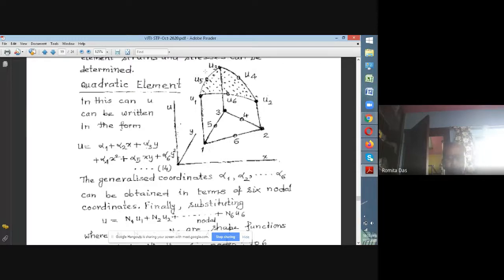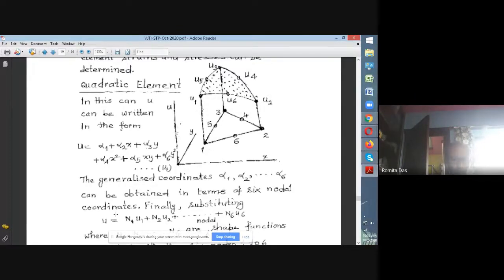It can be a polynomial in x and y. Quadratic variation is alpha 1 plus alpha 2 x plus alpha 3 y plus alpha 4 x square plus alpha 5 xy plus alpha 6 y square. So you can write a polynomial which is quadratic. It's certainly a better variation for approximation.